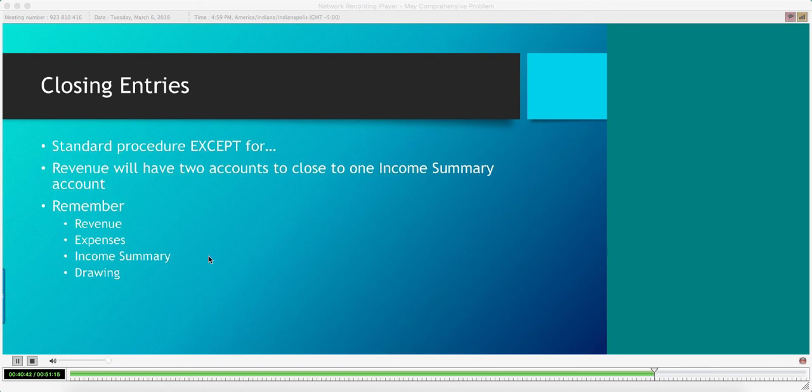So you would debit both of those accounts and then credit income summary. That would just be one transaction. And then everything else is standard. Any questions on any of the adjusting entries or the closing entries? Again, I'm more than happy to look over anything if you need me to.